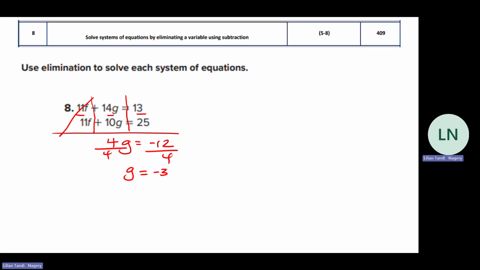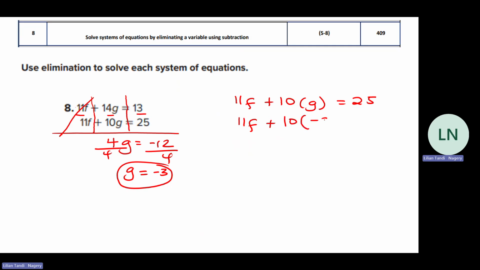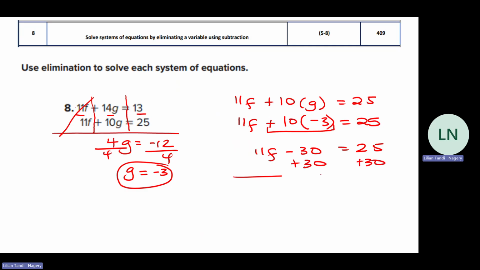G is -3. Now I need to find F. 11F plus 10G equals 25. 11F plus 10 times -3 equals 25. 11F minus 30 equals 25, plus 30, plus 30. 11F equals 55.